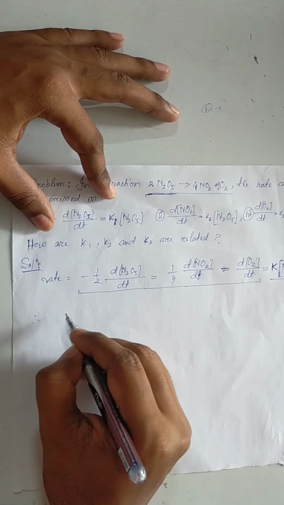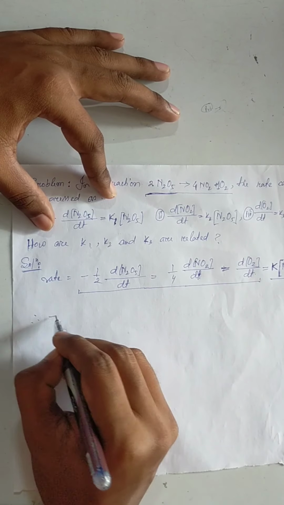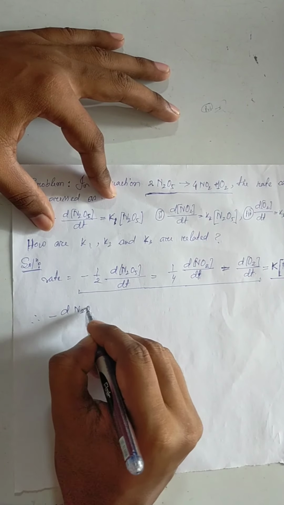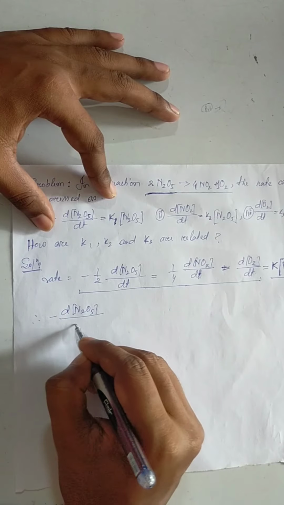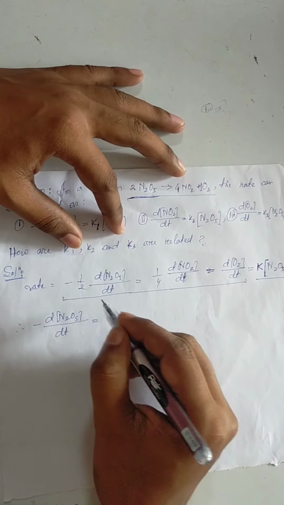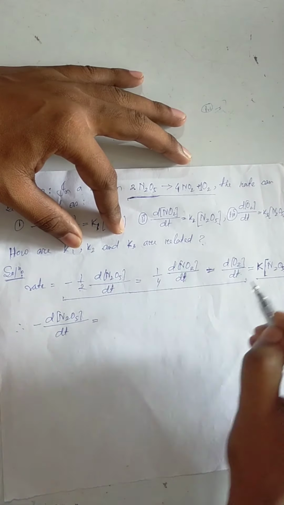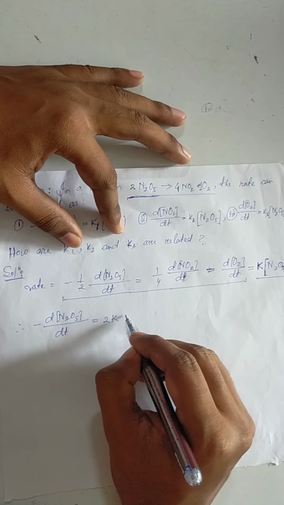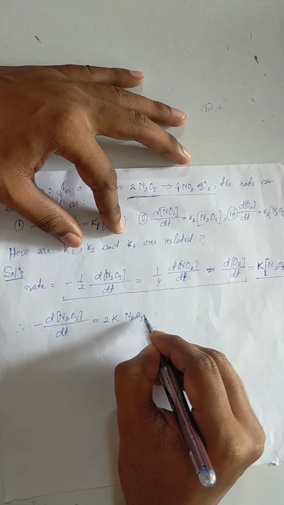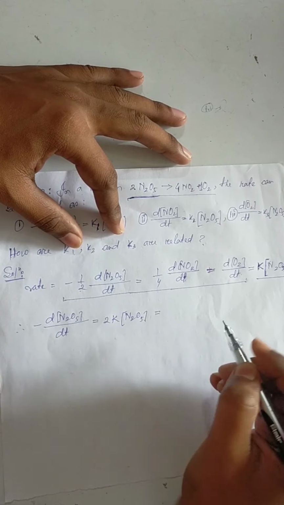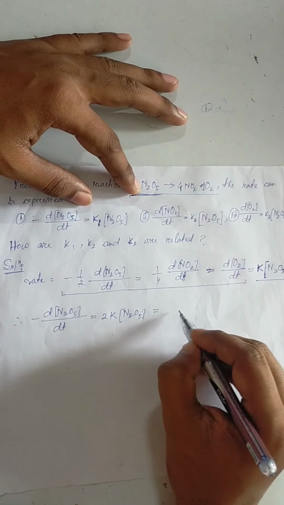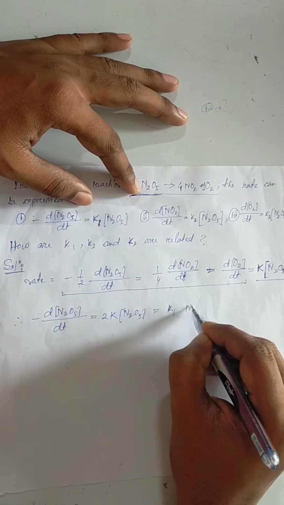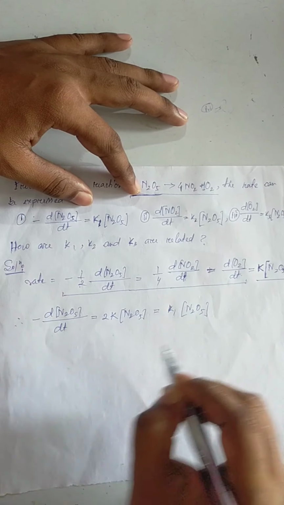At first, minus d[N2O5]/dt is equal to, we can write 2 will be here, twice K[N2O5]. Okay, so we can write this 2K as K1[N2O5].